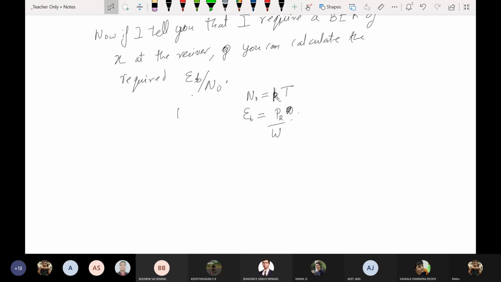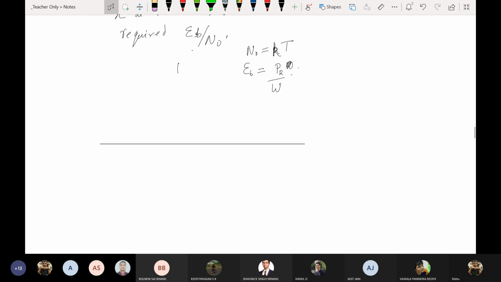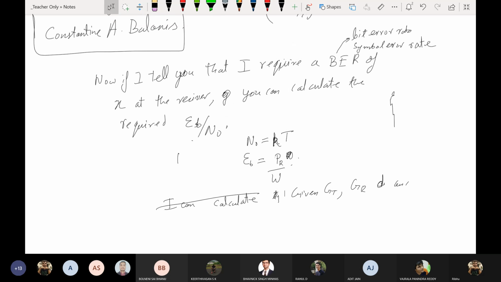Fine. So given Gt, Gr, d and lambda, I can calculate Pt. So I can calculate the transmitted power.